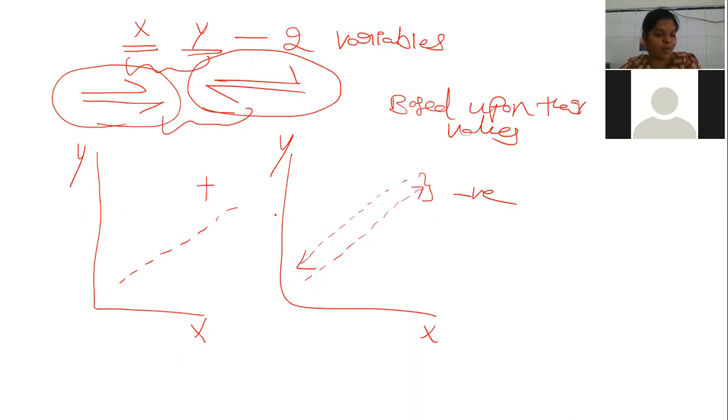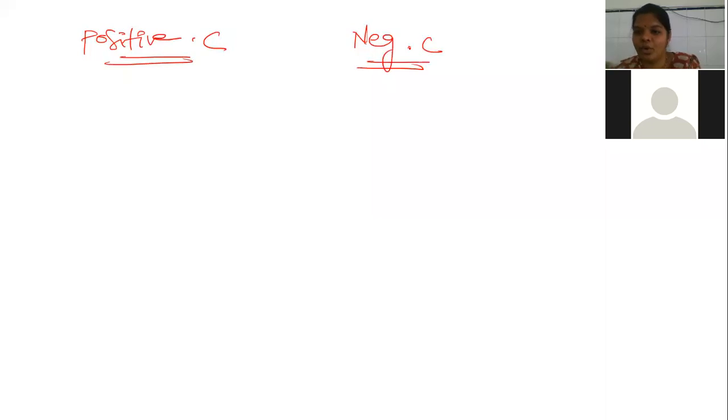Just observe it by recording this data. Write down positive correlation and negative correlation. Observe this data and you will know how the positive and the negative will be.